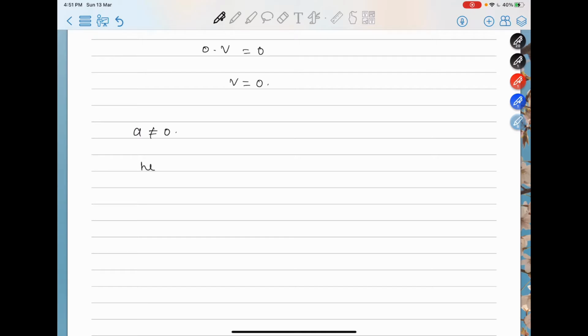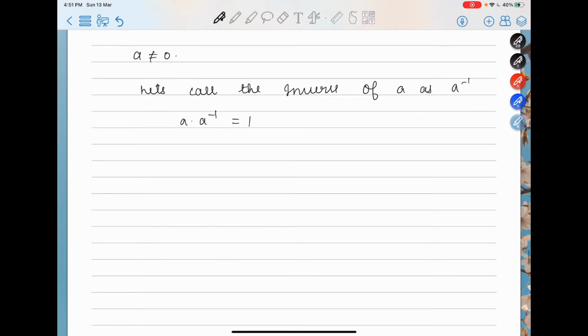So let's call the inverse of a as a inverse. And we know the property that a times a inverse is 1.